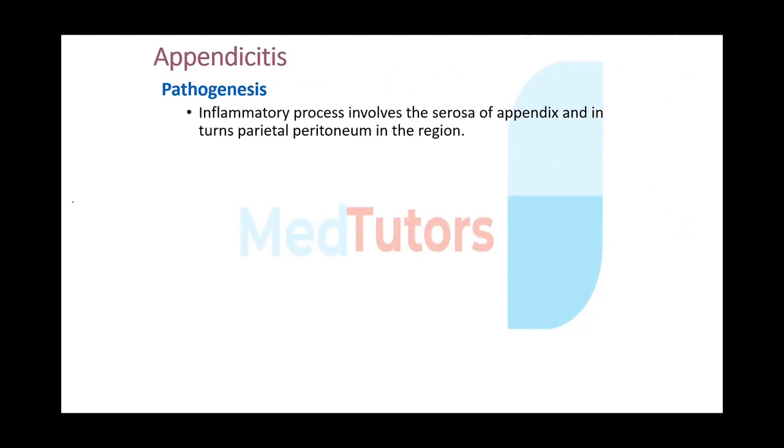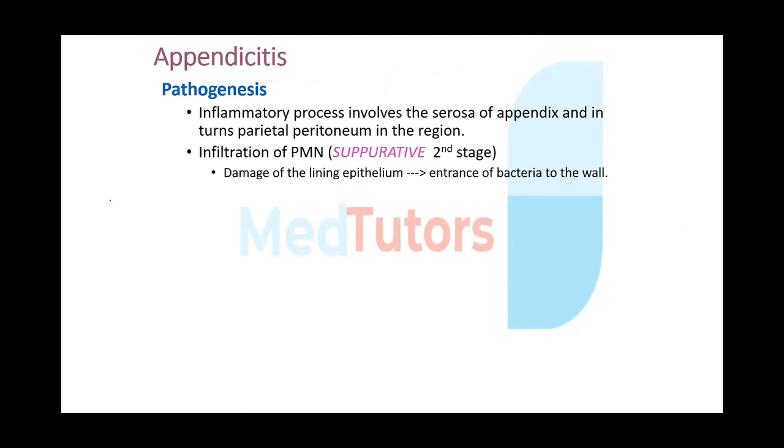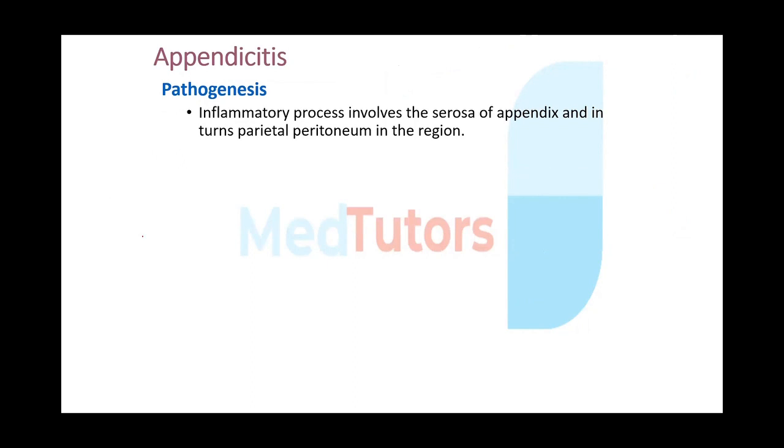Now, inflammatory process involves the serosa of the appendix and in turn the parietal peritoneum in the region. So now, as this inflammation progresses from inward outward, it involves the mucosa, the muscularis, the serosa.